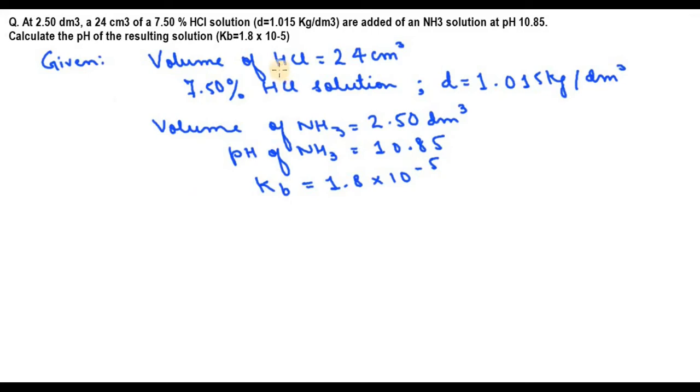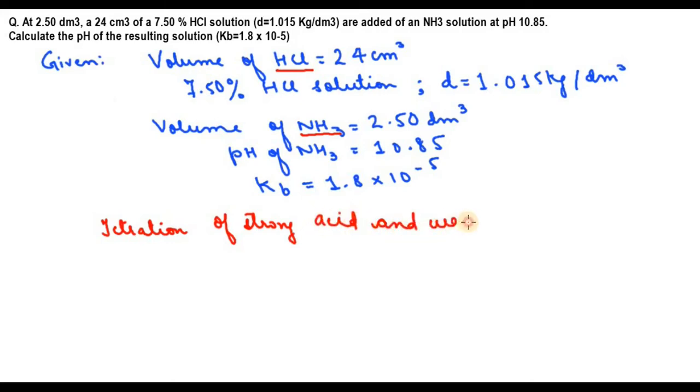Now as we can see, HCl is a strong acid and NH3 is a weak base. So this is the case of titration of strong acid and weak base. We know for doing titration, two things must be known, that is volume and concentration.